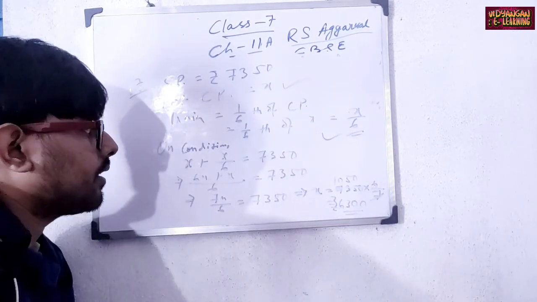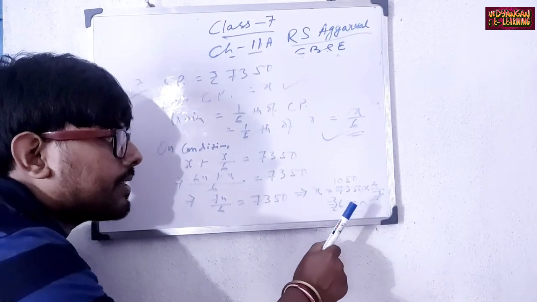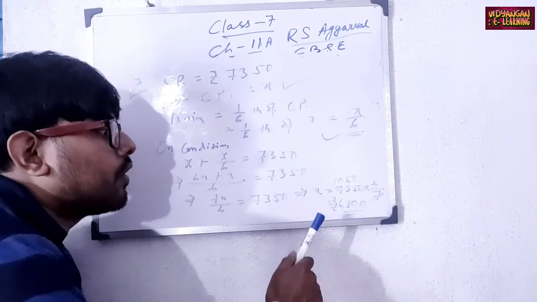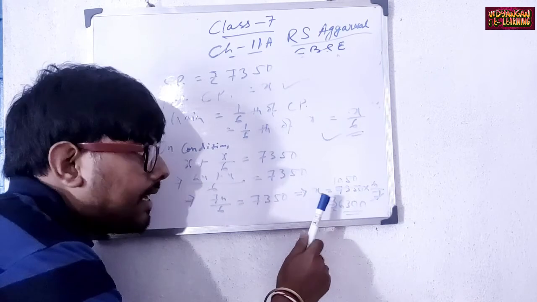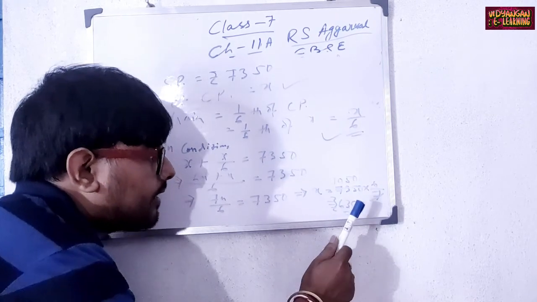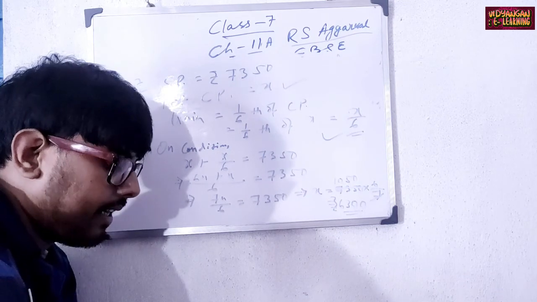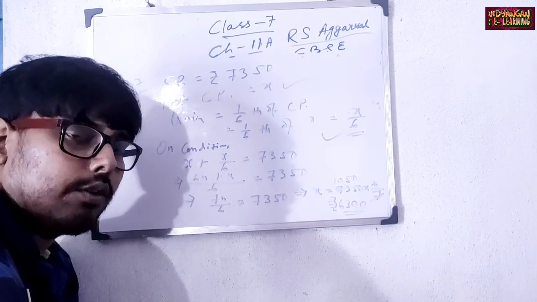We find the value of x is rupees 6,300, which is the cost price, and that is what we had to find.